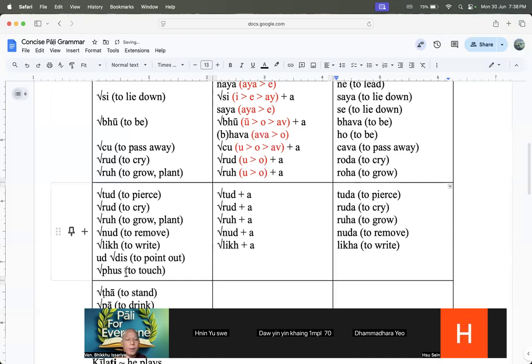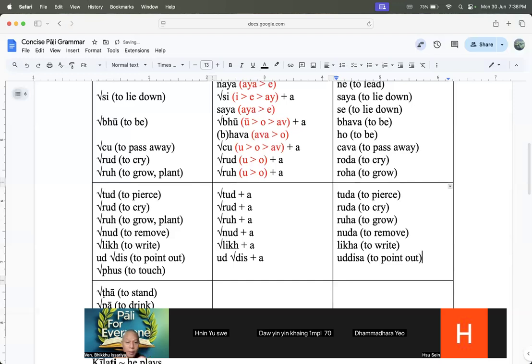Okay. And then root this also. Root dis and the a, also nothing changes. Disati. So to point out.